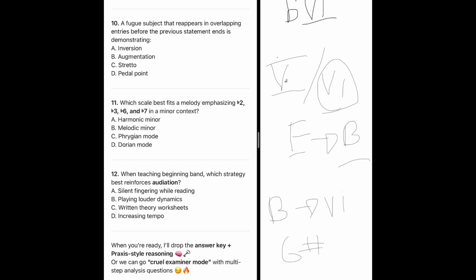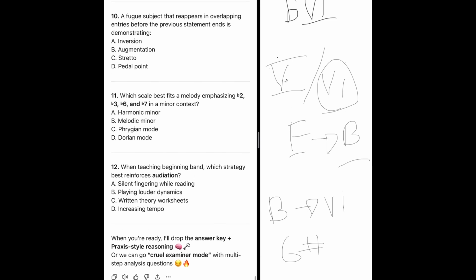With scale mode, fits in melody. I'm gonna say not melodic minor, not harmonic. It has to do with the tonic note. I would say strongly Phrygian. I think Phrygian for 11.